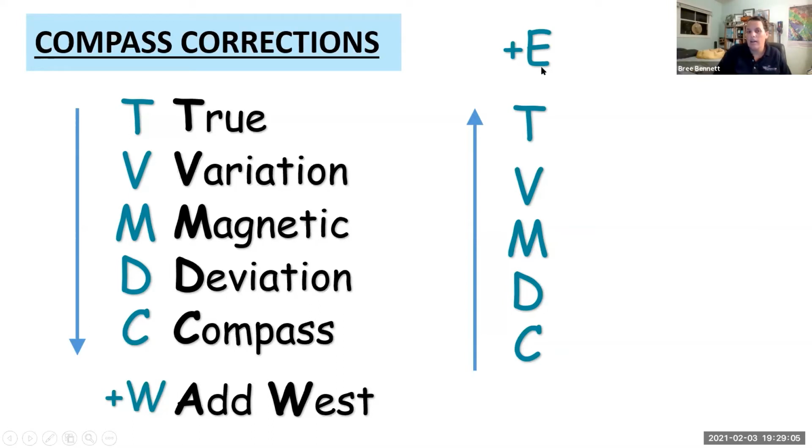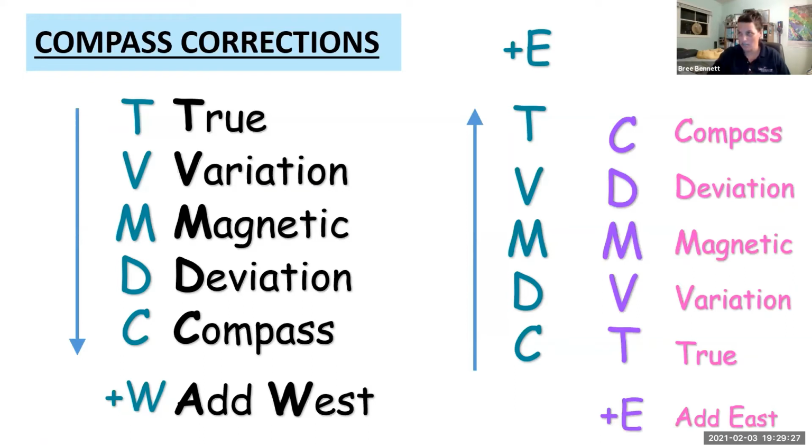So if you've already, let me know if you guys have heard of this before. Most people have maybe heard of this before. If you have heard of it before and use the T to C, continue doing that. If you've heard of it before and use the C to T, continue doing that way.